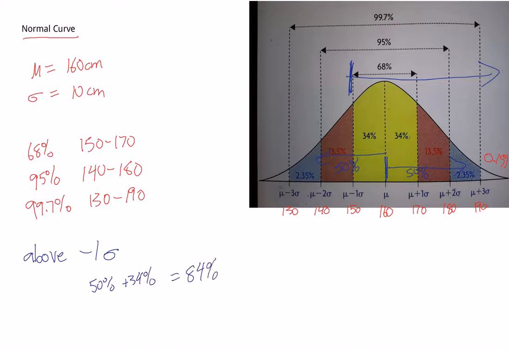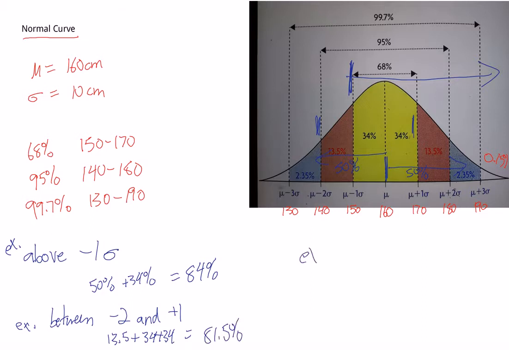So we would know there's 84% above -1. What percent is between -2 and +1 standard deviations? On our graph, -2, we're going from there to there. So we'd have 13.5 plus 34 plus 34, which would be 81.5%.